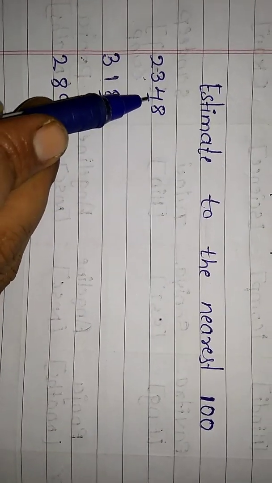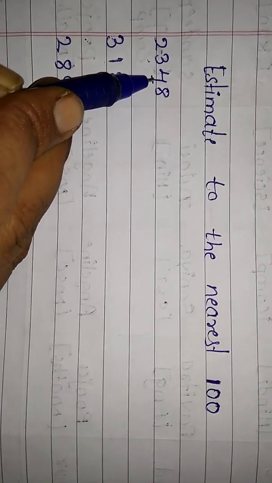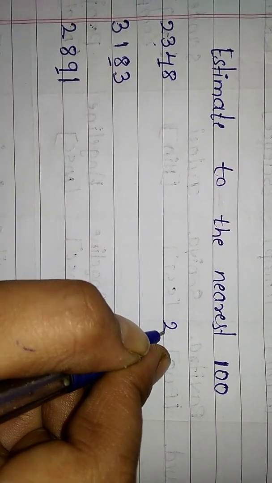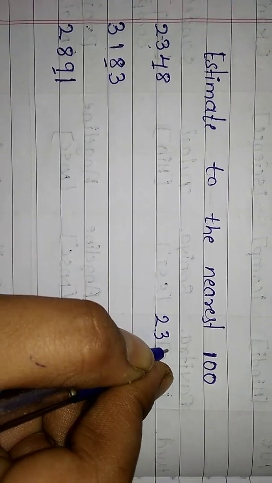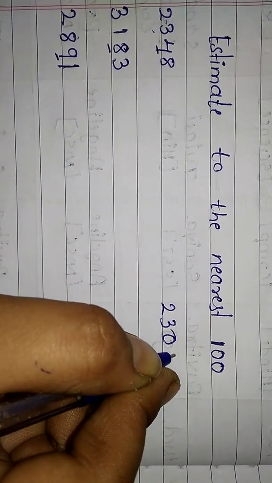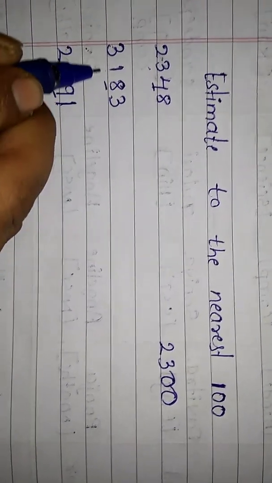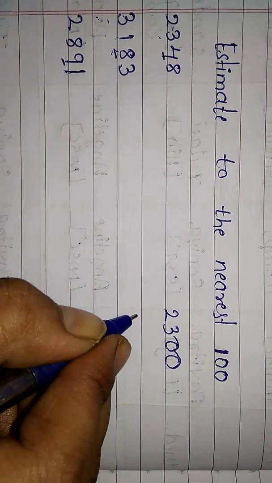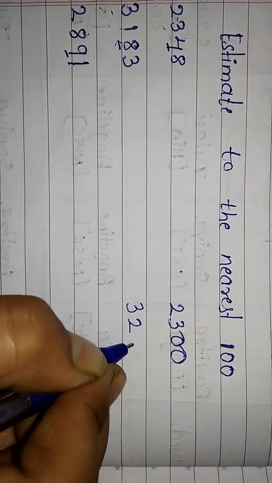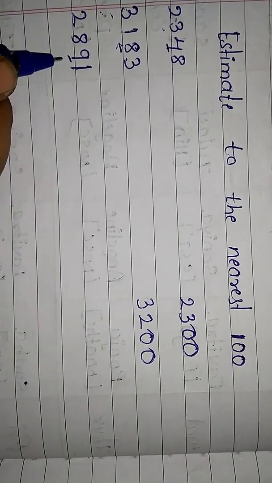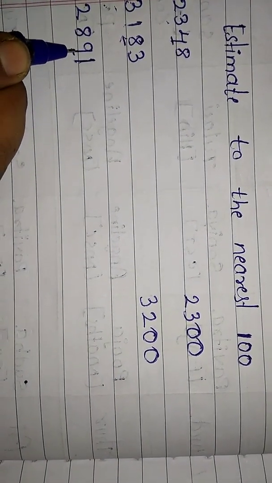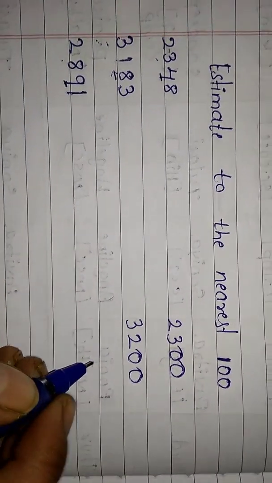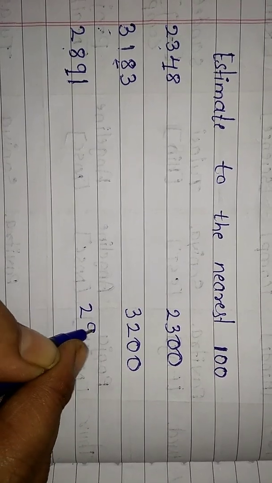Here first, 4 is less than 5, so it will come 2300. Next, 8 is there, so 3200 will come. Next, 9 is there, more than 5, so it will come 2900.